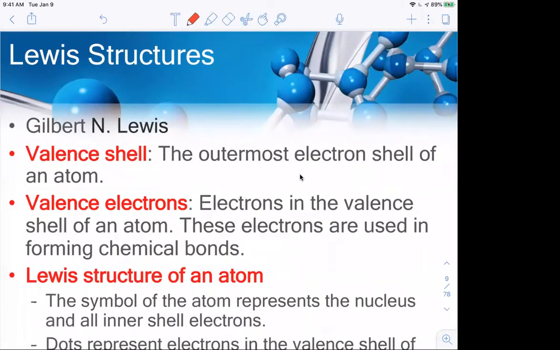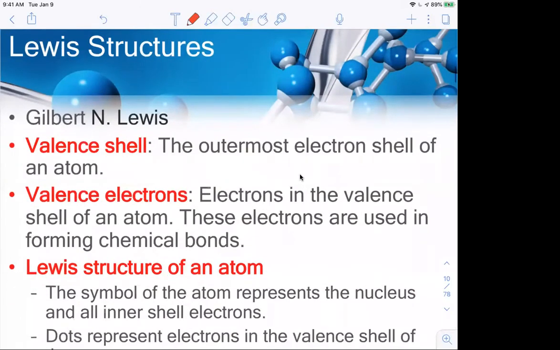Now let's look at Lewis structures. This is another core feature from general chemistry that you need to know. Remember that the Lewis theory of bonding deals with electrons that are in the valence shell, the outermost electron shell of an atom.